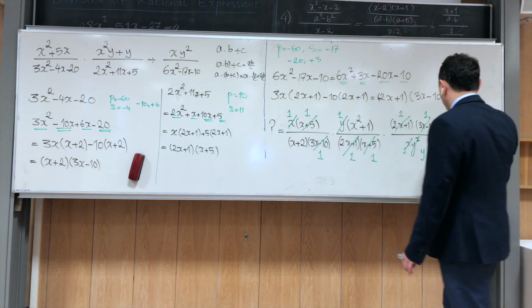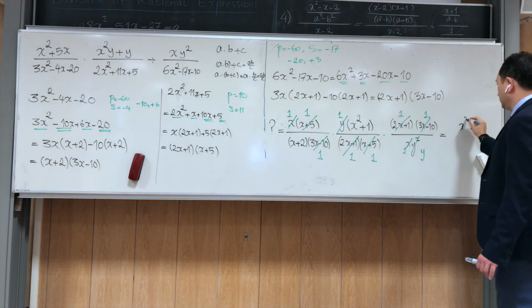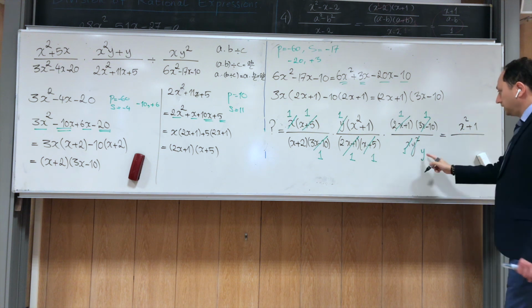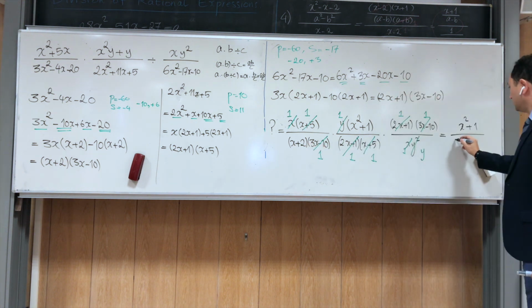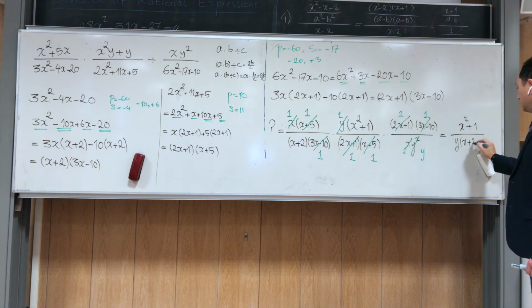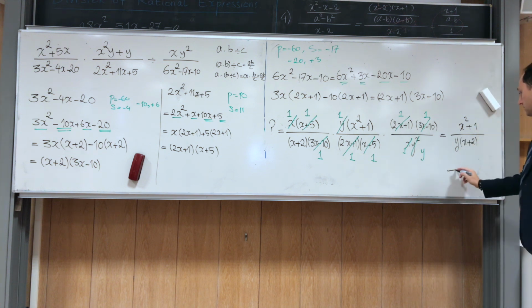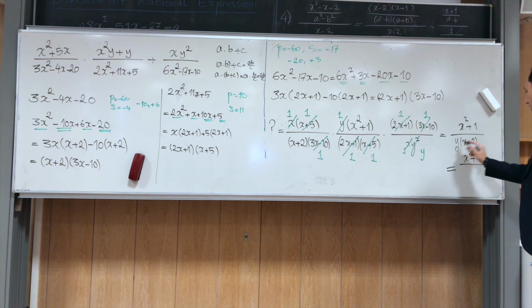This one is x squared plus 1. And in the denominator, 1y is left here, and x plus 2 is left here. And I told you that I usually prefer to write this as x squared plus 1 divided by xy plus 2y.